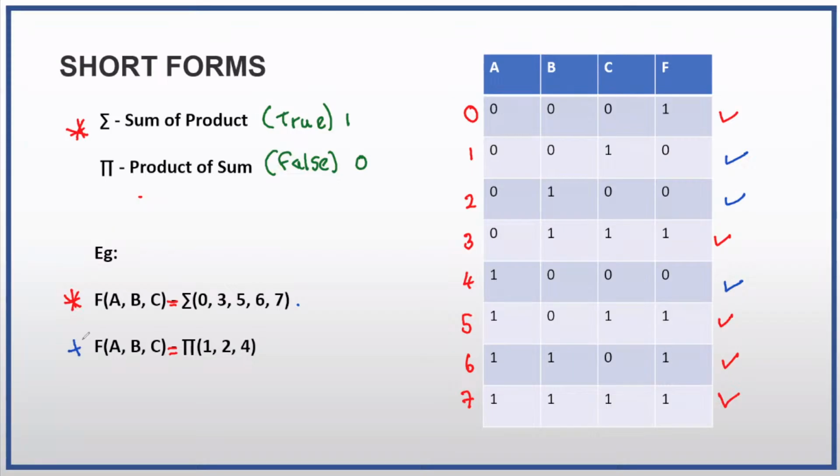Then you get f of A, B, C with A, B, C inputs, and this is the sign of product of sum, and for the product of sum you give the zeros 1, 2, and 4. Here you can see 1, 2, and 4. Okay, now I think you understand how you can give a function in short form. Got it? So just remember, for the sum of product, you have to consider the true values. In the product of sum, you have to consider the false values.